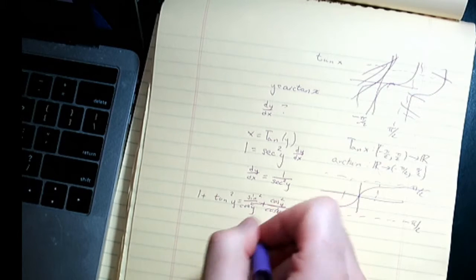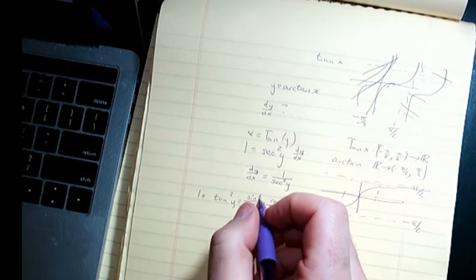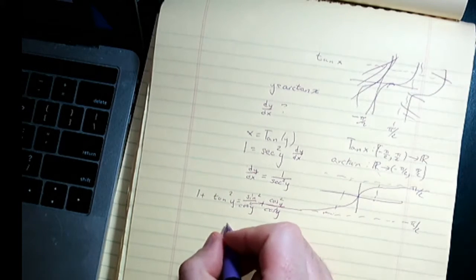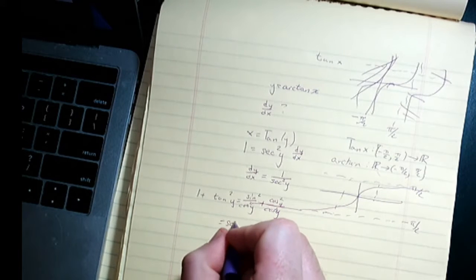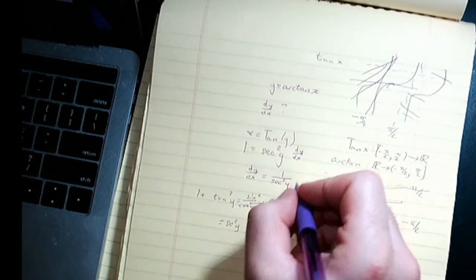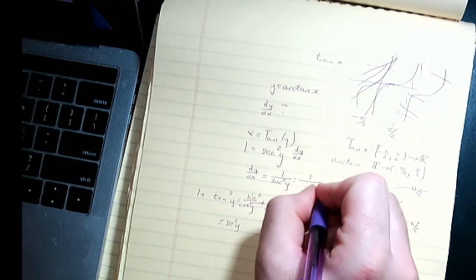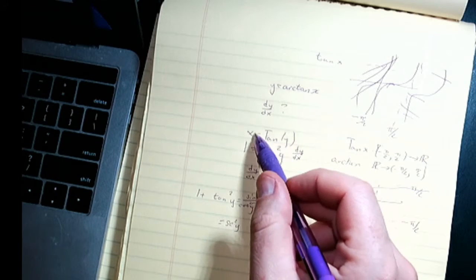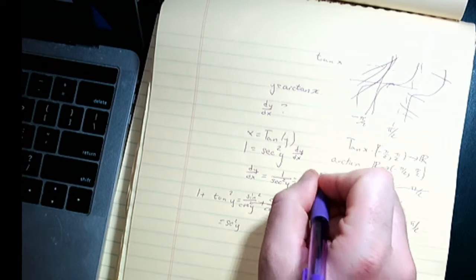The numerator sums up to just 1, because sine squared anything plus cosine squared is 1. That's Pythagoras' theorem. So this turns into secant squared y. So I can rewrite 1 over secant squared y as 1 over 1 plus tangent squared y. Remember, tangent y is just x. So that's 1 over 1 plus x squared.